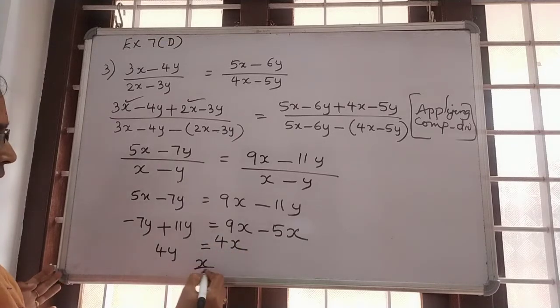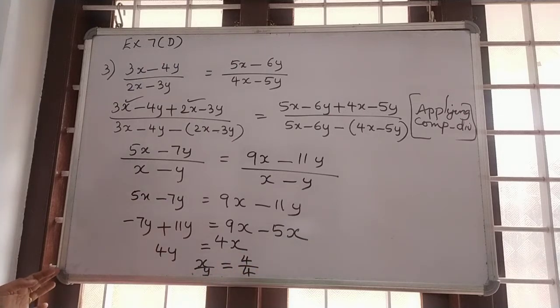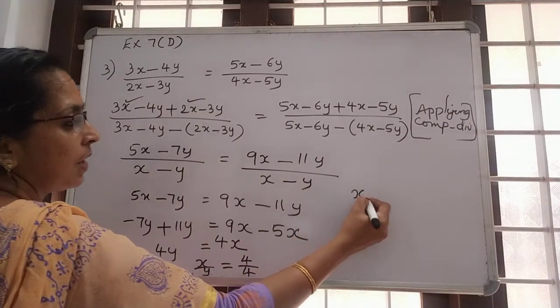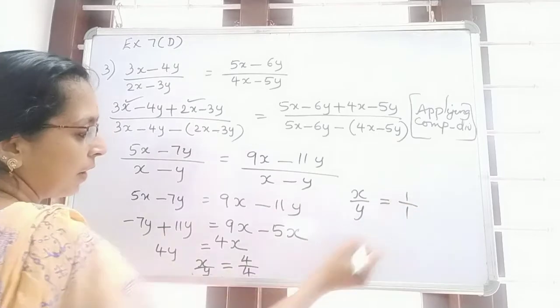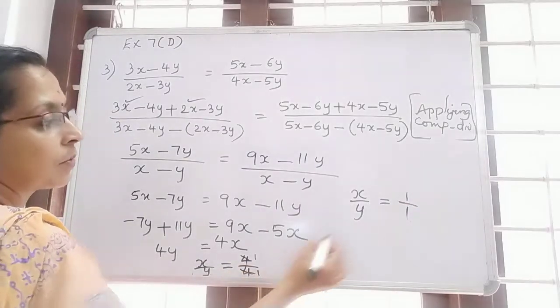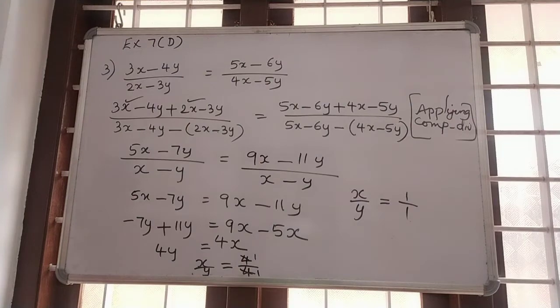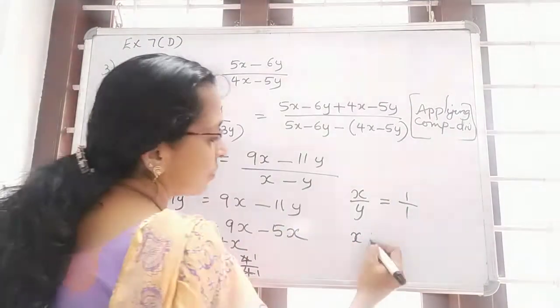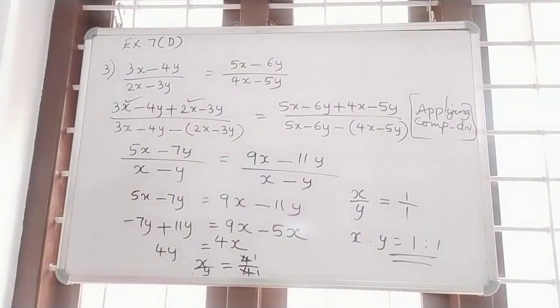So x by y is equal to 4 by 4. 4x is equal to 4y. This cancellation we are getting y, x by y is equal to 4 cancel 1 by 1. So x by y is equal to 1 by 1. So we can write x is to y is equal to 1 is to 1. Okay.